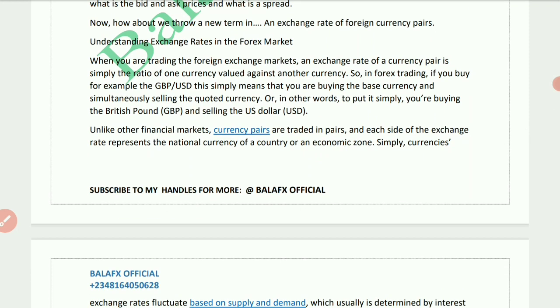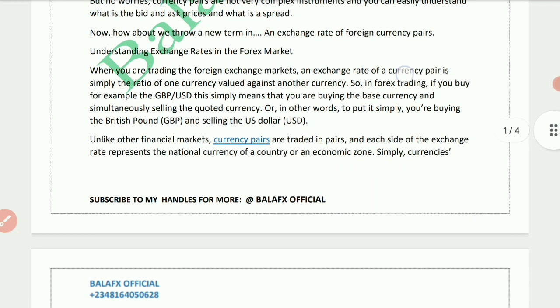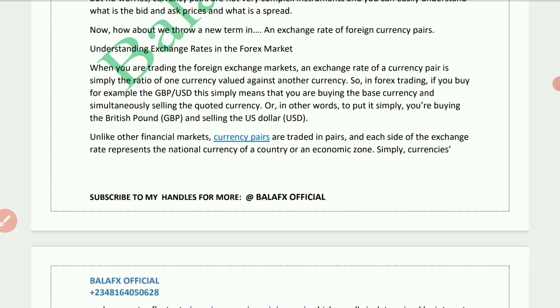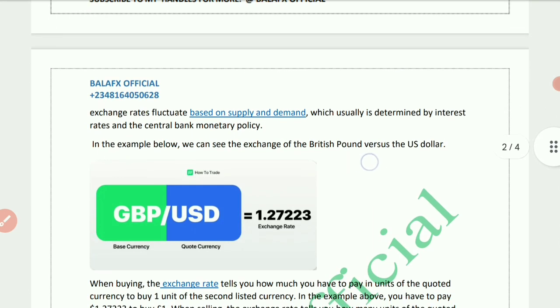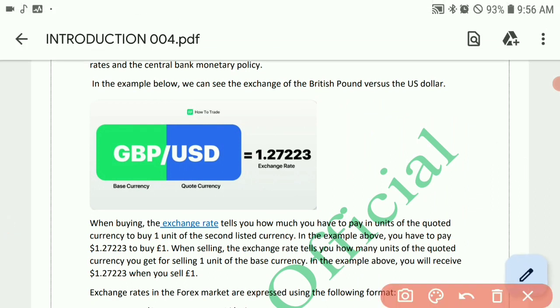Spread is the difference between the ask price and the bid price: you subtract one from the other to get the spread. Let's move further. As we can see in our base currency and quoted currency, the price is at 1.2722.3.